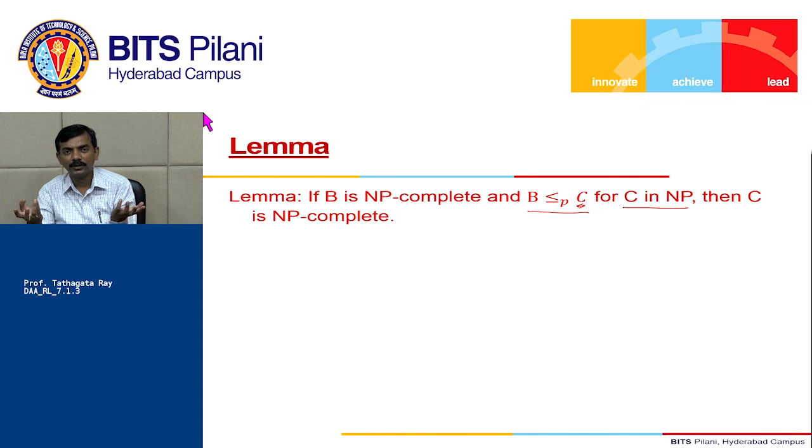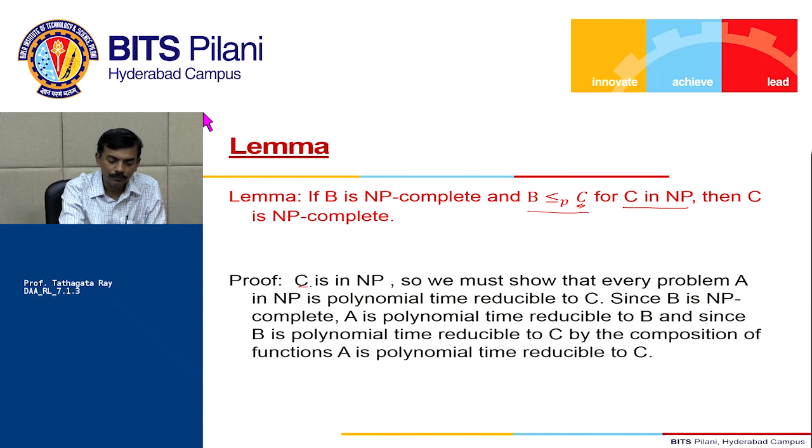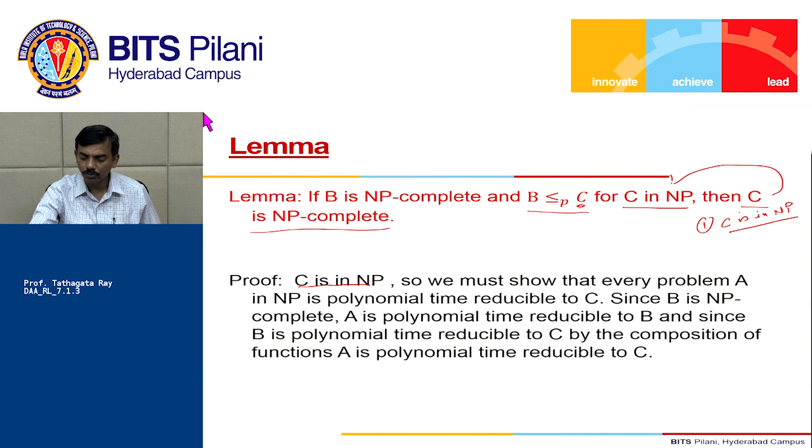So why is that true? Let's look at the proof. First thing you notice is that C is in NP. So what do we want to prove? We want to prove that C is NP complete. For that, the first thing I require is that C is in NP. That's the first condition, and that condition is true by the statement of the lemma.